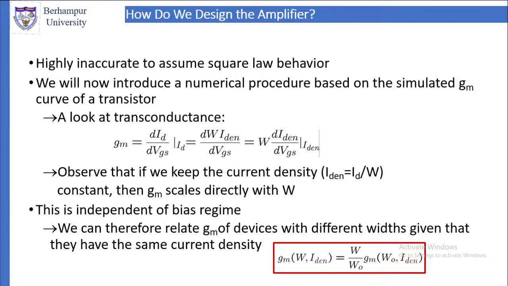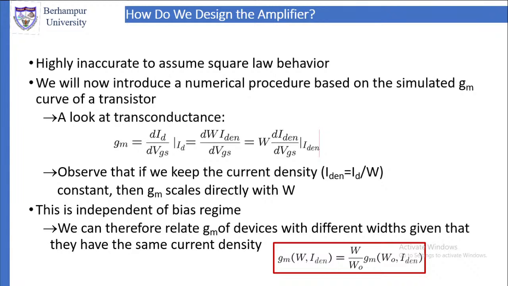Now here you can observe one thing. If we keep the current density IDEN constant, then GM scales directly with W. So if you maintain IDEN constant, then GM will increase as you increase W, and GM will decrease as you decrease W. That is clear from this equation. Now this GM is independent of the bias. Whatever bias you use, it is independent of bias.